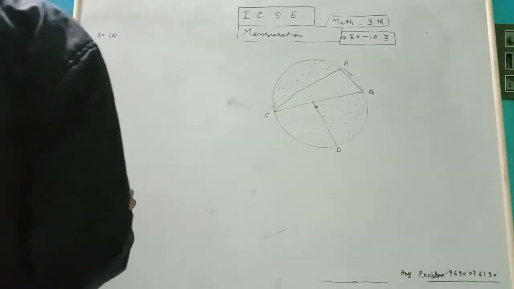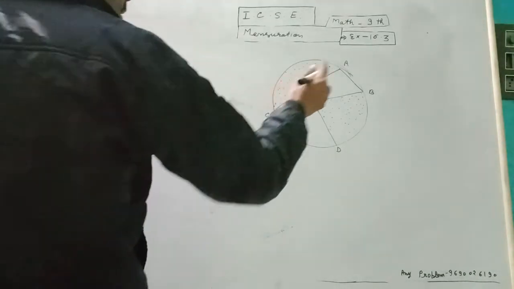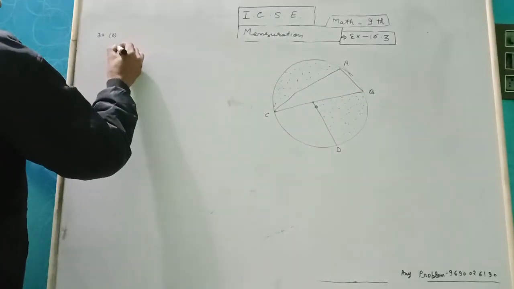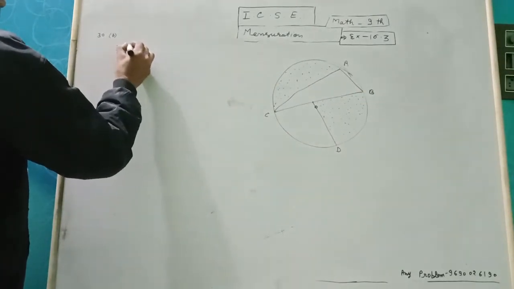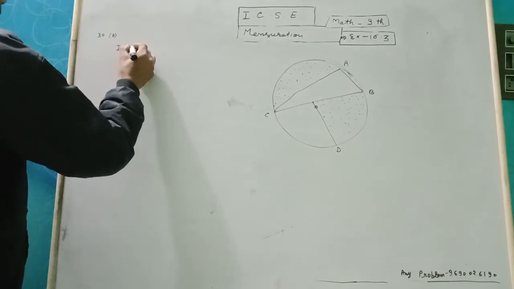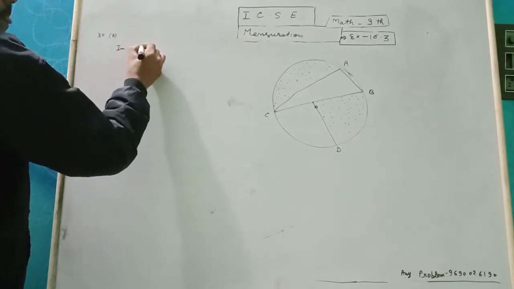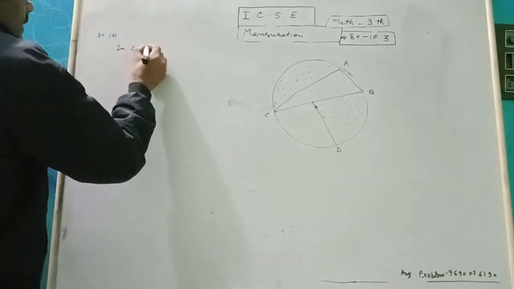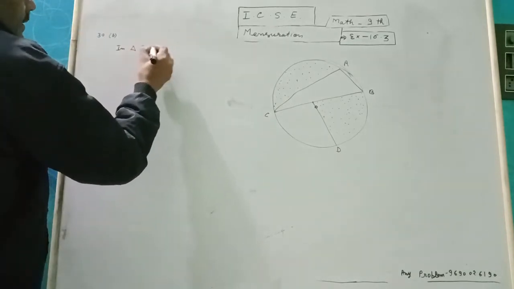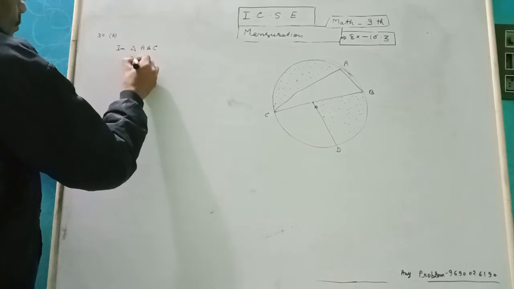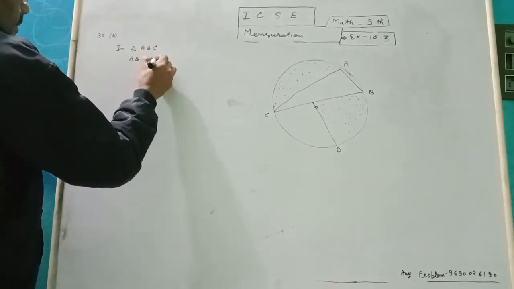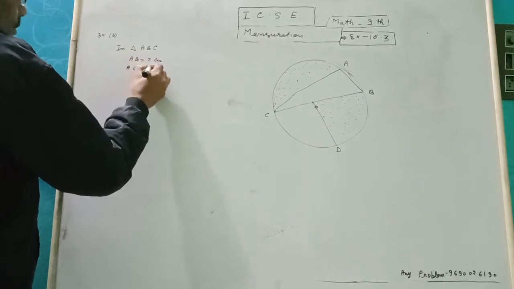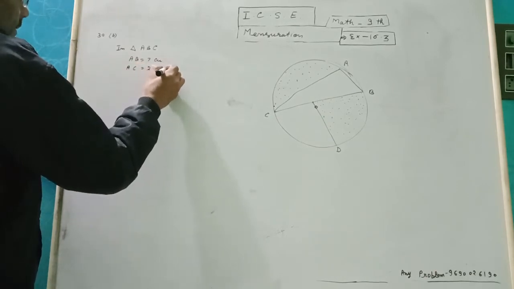In the question, AB is equal to 7. In triangle ABC, AB is equal to 7 cm, AC is equal to 24 cm.